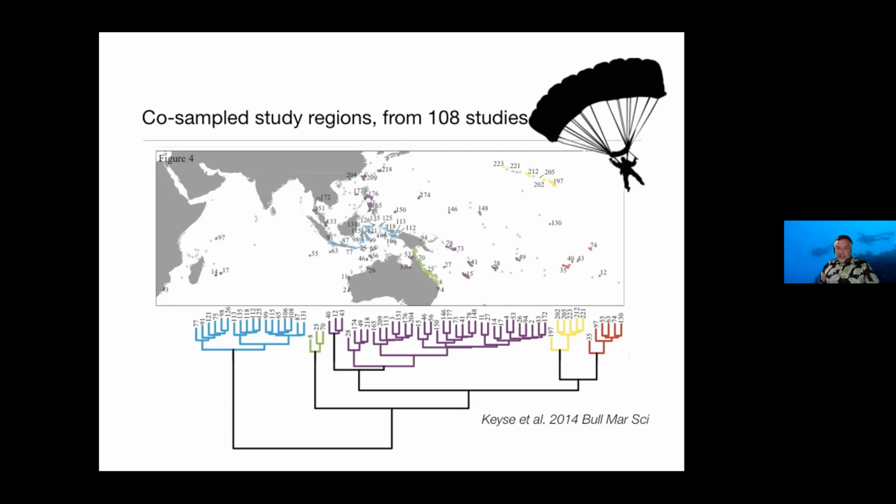And in addition to that, a lot of us, and I'll include myself in this, were doing this in a sort of parachute science style. We were flying into these countries, getting our permits, getting our samples, and then heading back to the United States or Australia or some other developed country to do our molecular work and our analyses, and then publishing.